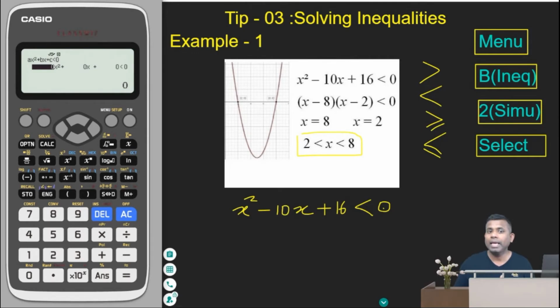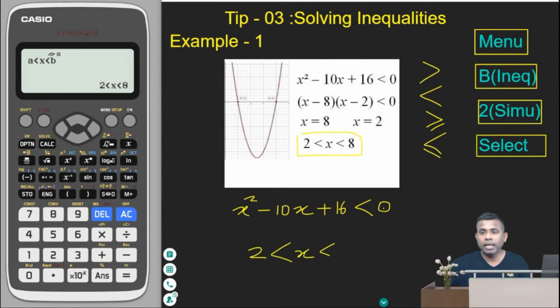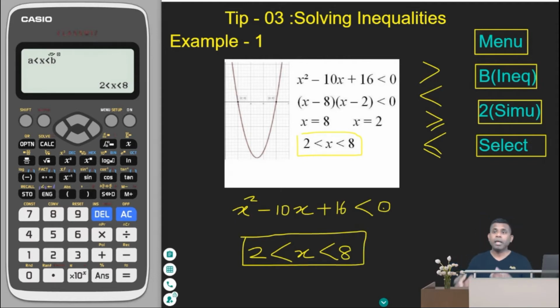So coefficient of a is 1, and the next one is -10, and the next one is 16, and press equal and you get the same answer from the calculator, 2 and 8, right? x is greater than 2, less than 8. That is the answer. This is how to solve inequalities using calculator functions, right?